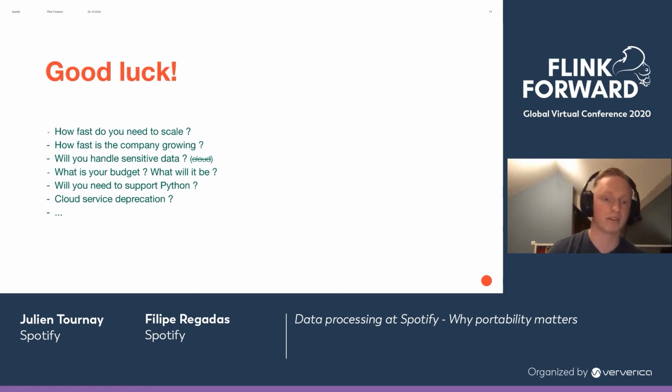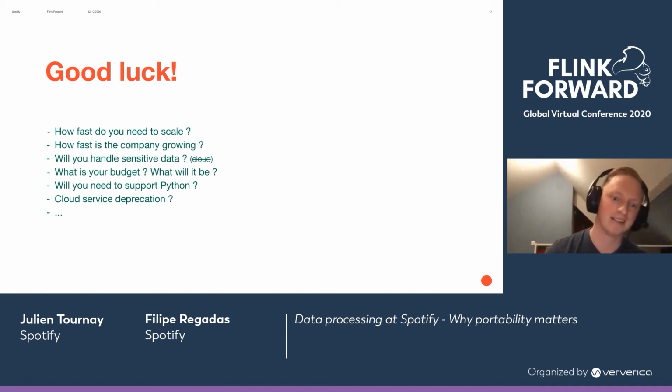Again, probably not. Do you know if you're going to have to handle sensitive data at some point? Because for legal reasons, then the cloud might not be an option anymore because you need stuff to be stored in your country, for example. And that, again, you don't really know. It's going to come up with business. Do you know what your budget is? Probably. Do you know what it will be in 2 years?